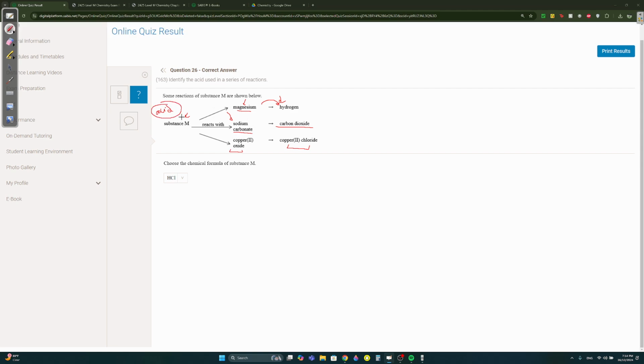Now we need to know which acid. The acids we are required to know always start with H. These are by default included in every reaction with carbonate and every reaction with a metal. But copper, what else did I get? Chloride, so Cl. And so we finished before 7:15.